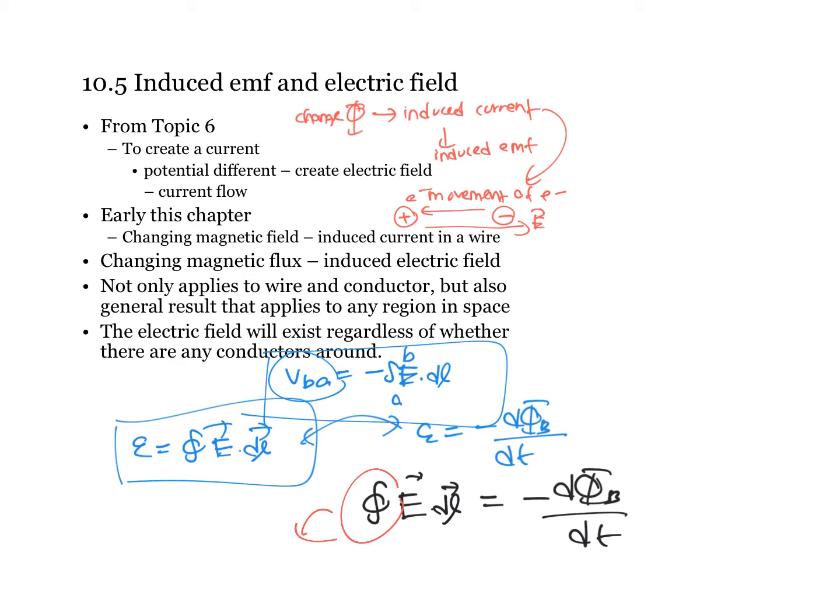We are going to find only the closed area that has a change of magnetic flux. So the E dot dL here focuses only on the area that has a change of magnetic flux.